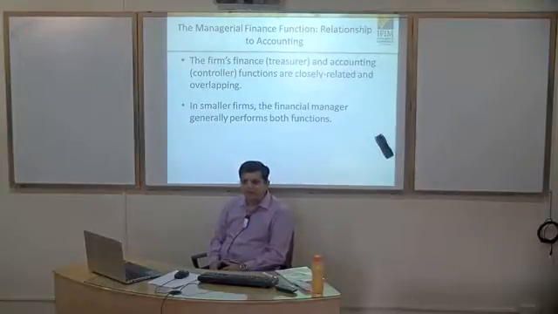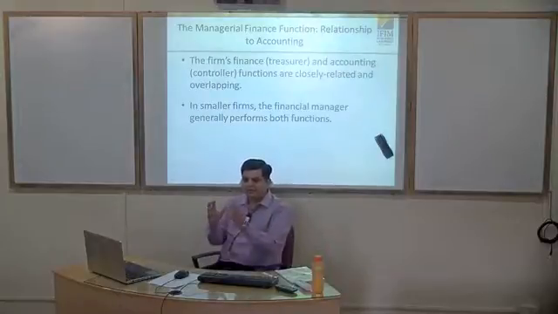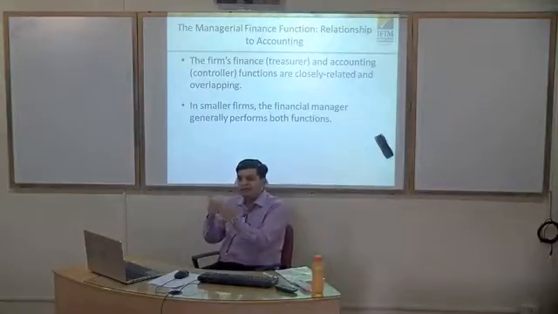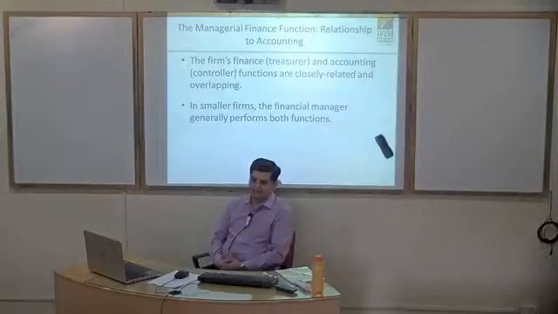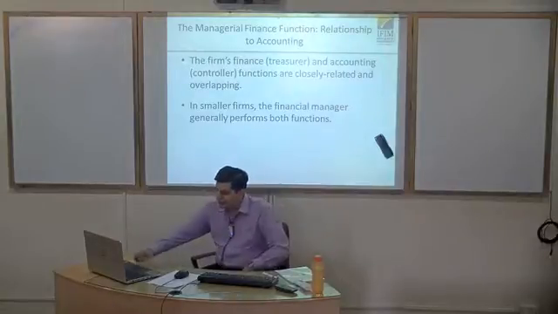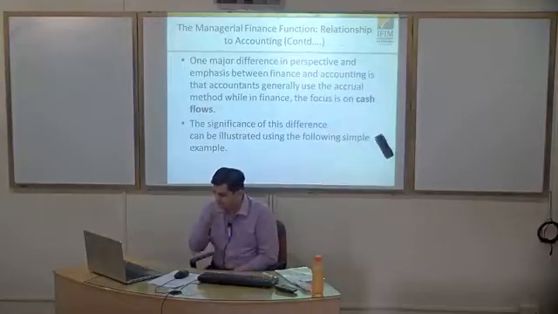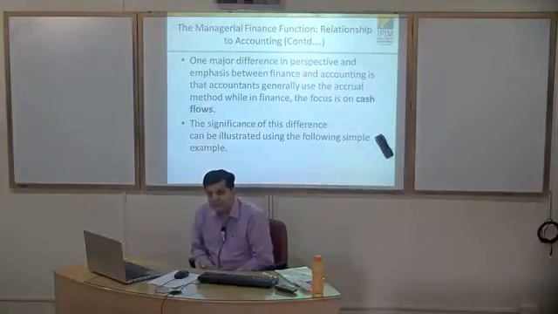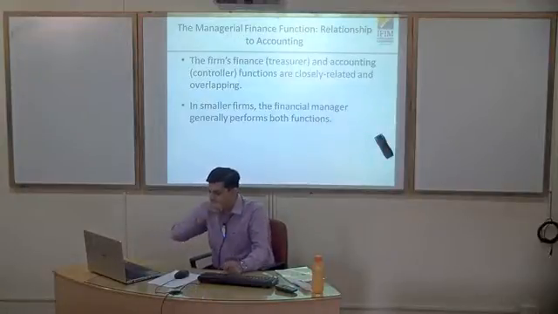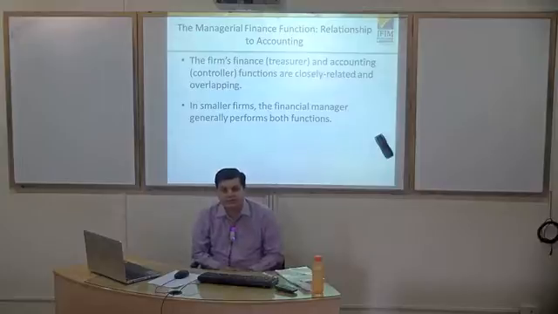If it's a bigger company, we will have dedicated teams with specialized skills who can take care of those activities. The treasurer is the one who actually sources the funds for the company, and the controller, let's go back to the slide, is the one who controls the whole functional framework that we have built in the company.